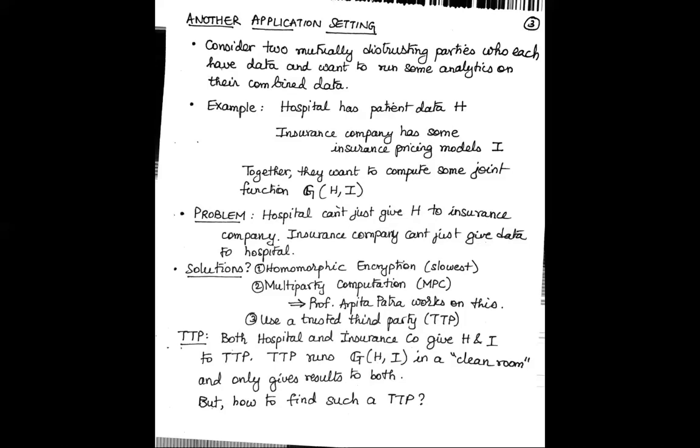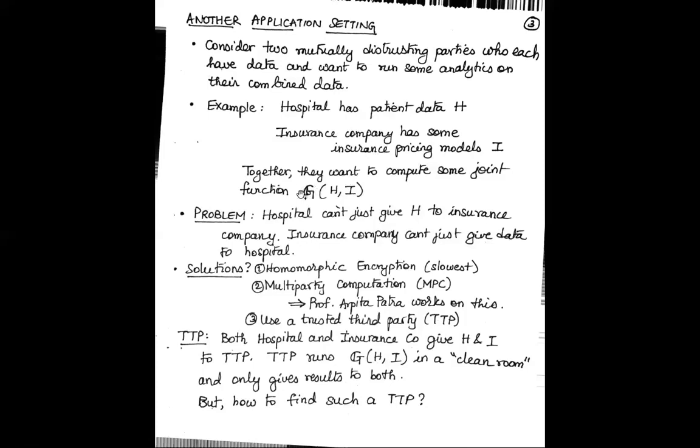But maybe, together, the hospital and the insurance company want to compute some joint function. Hospitals routinely provide anonymized data to insurance companies, who can calculate aggregate rates and so on for their customers. So there is some joint function.